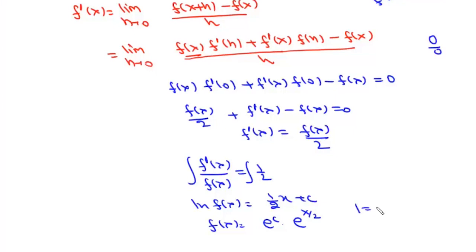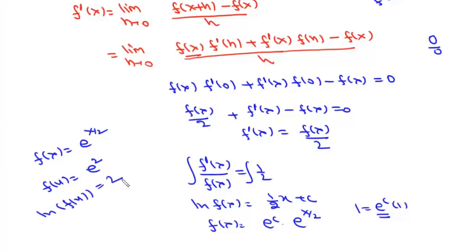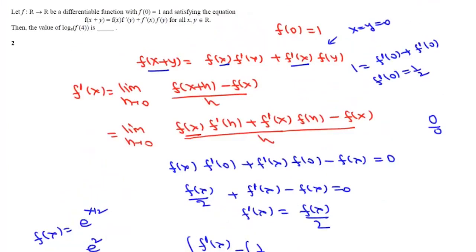So it will be 1 equals e^c into 1, so the value of e^c is 1. So from here we can say the value of f(x) is e^(x/2). Now if we find f(4), f(4) is e squared and log f(4) will be simply 2, and that is the answer to this question.